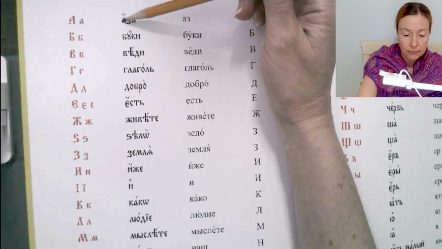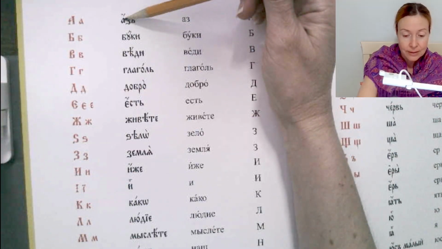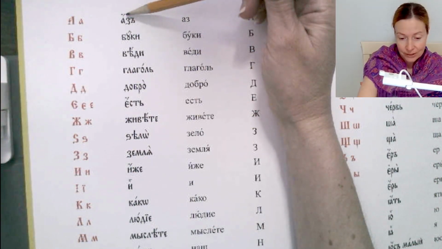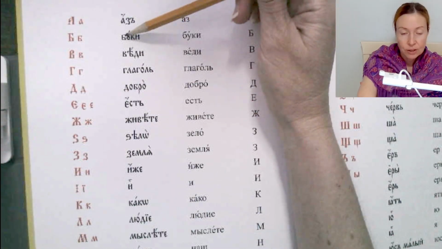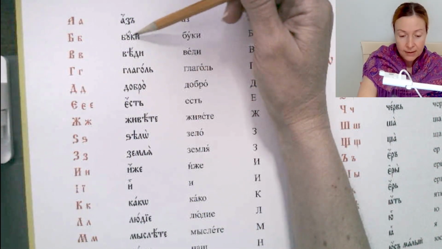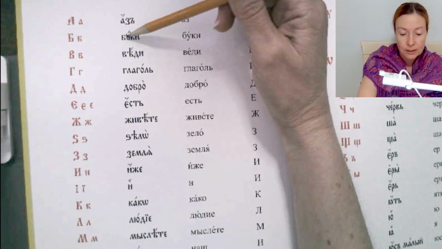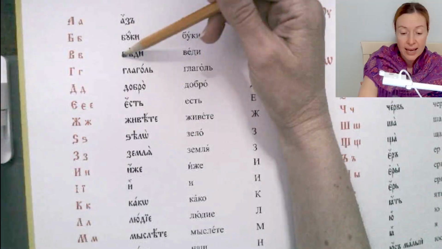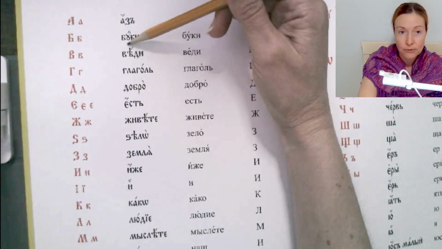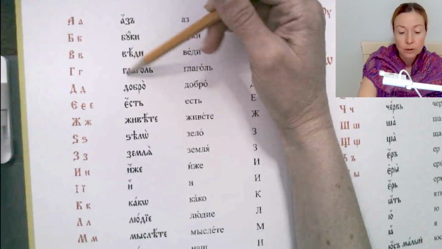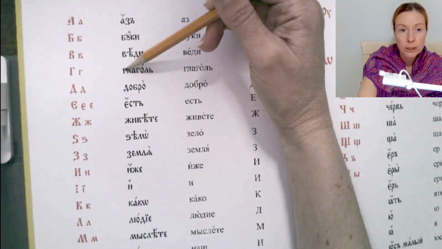So for example, if it's az, then it's A. If the name is Buki, then the sound of the letter is B. For Vedi, V. For глагол, G.